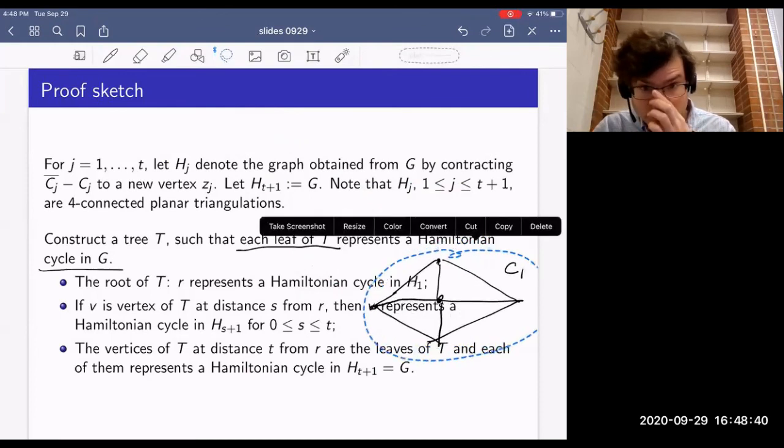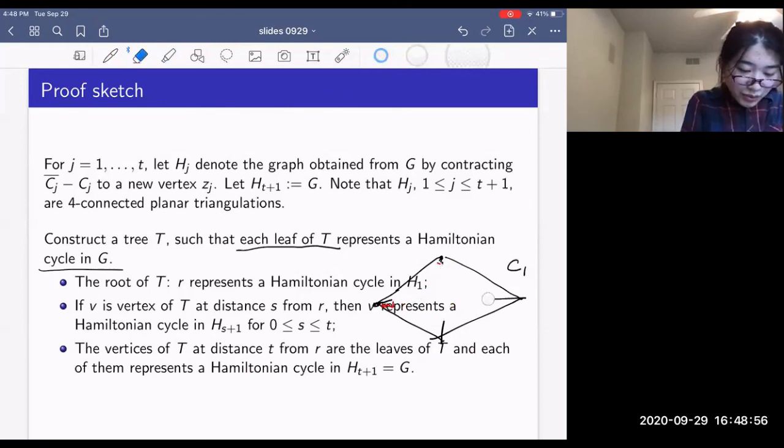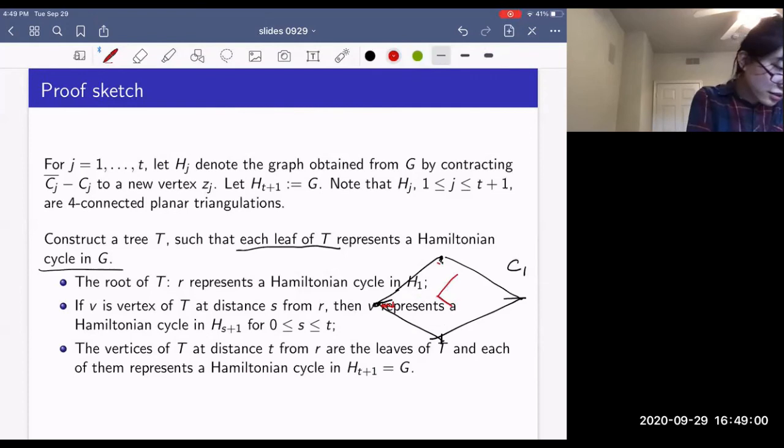So for each Hamiltonian cycle, we know that since this has degree 4, if it passes through these two edges, then we look at, because we know that C2 is nested in here, so this is C2.